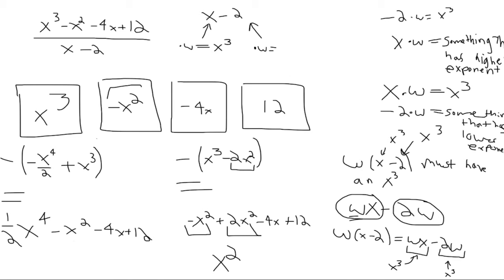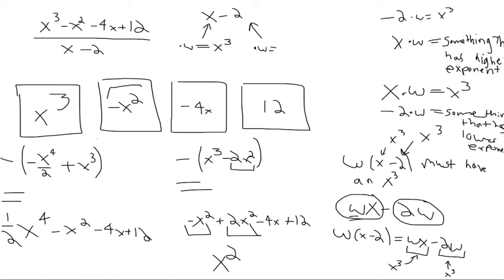Let me restart. We chose the x multiplied by w to equal x cubed. That means that this negative 2 is going to multiply by w to produce something that has a lower exponent than x cubed. If that thing has a lower exponent than x cubed, then we've made progress, because we know that that lower exponent thing can just combine with one of these terms over here that is already in our polynomial to produce another term, right?